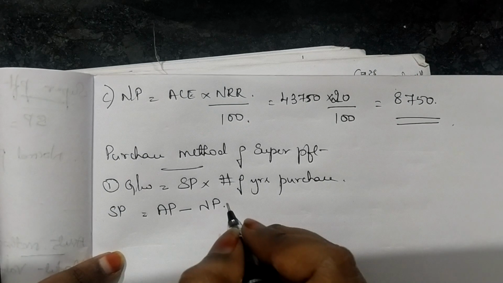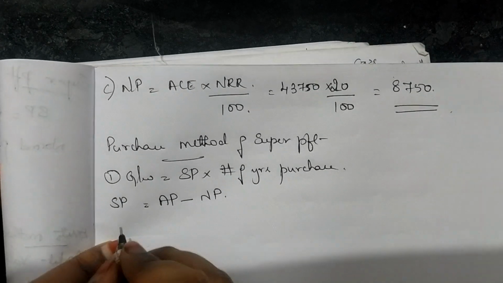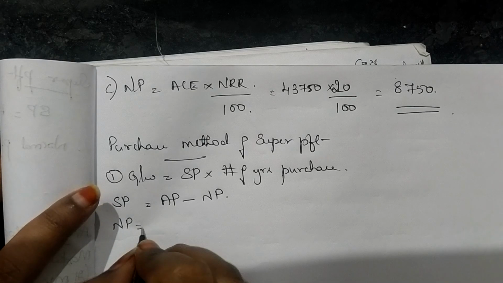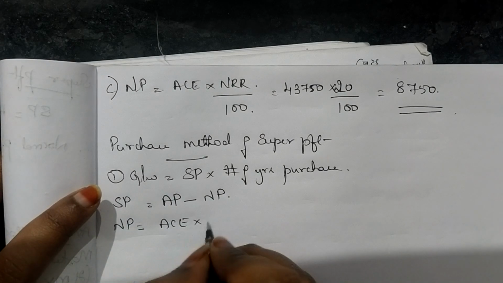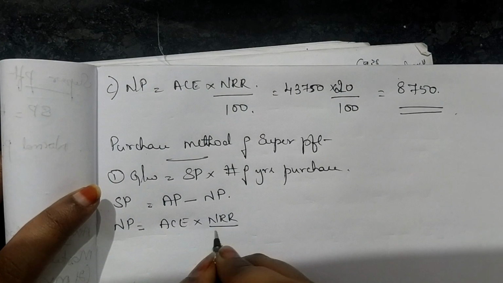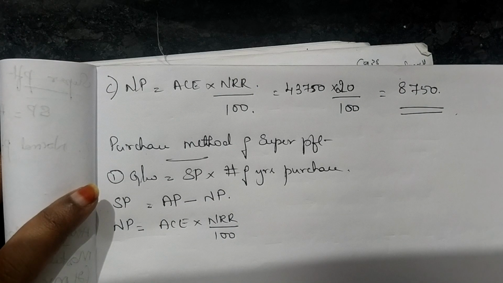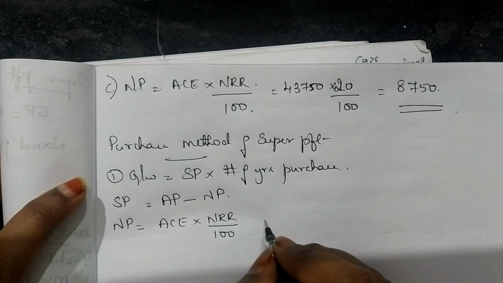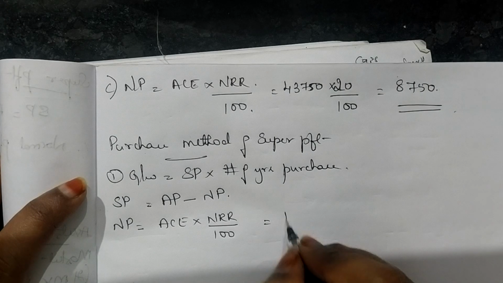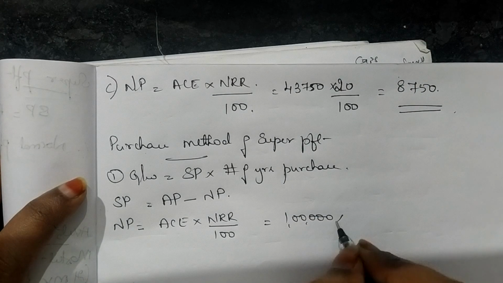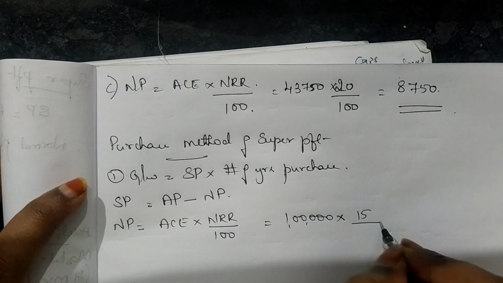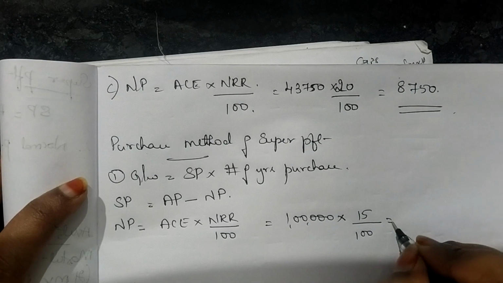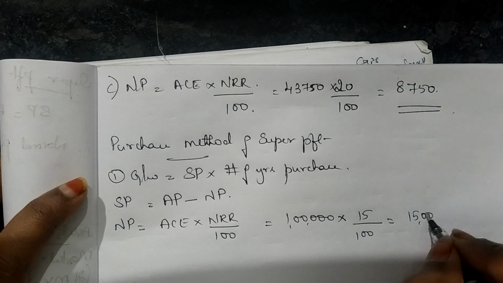Super profit is average profit minus normal profit. Just look into your question whether you have all the details. How do you calculate your normal profit? Average capital employed into NRR divided by 100. This is a formula. So if you look into the question, you have information. Average capital employed, they tell it is 1 lakh. NRR is again 15. 1 lakh into 15 divided by 100 is 15,000.